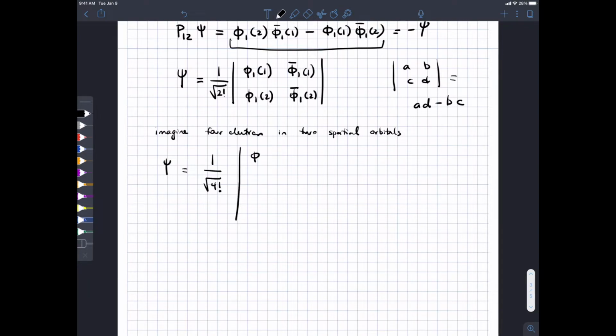We would simply do the two spatial orbitals in the first row with electron 1 in them. So this represents electron 1 contributing to phi 1 and its opposite spin partner, and then phi 2 and its opposite spin partner. And then we'll do the same down the table, only with electron 2 instead of electron 1.